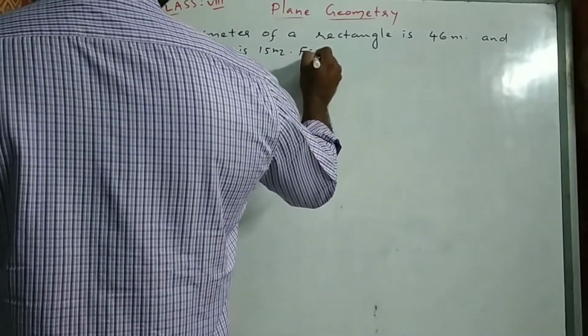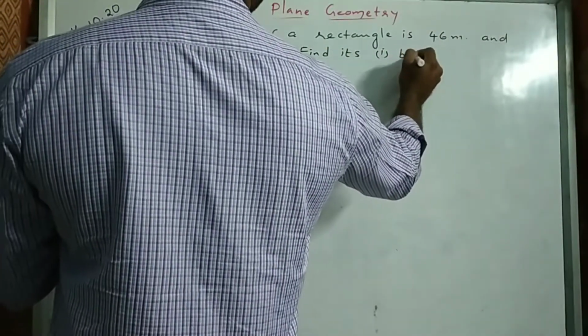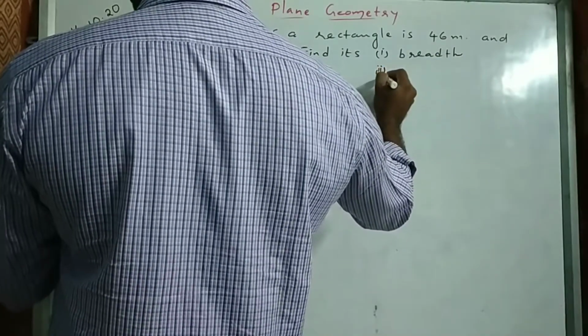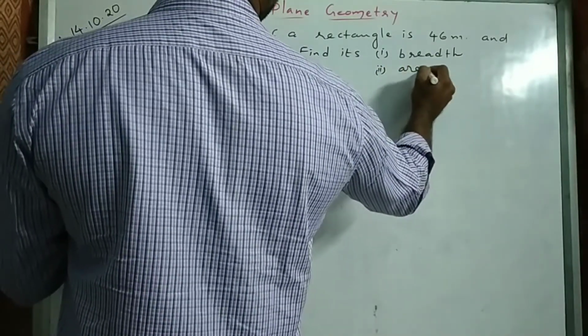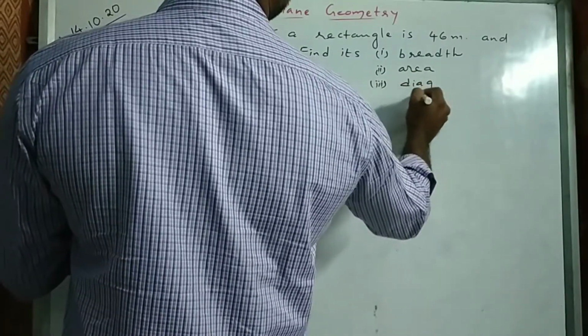Find its first one breadth, second one area, third one diagonal. Now it is asked here diagonal.